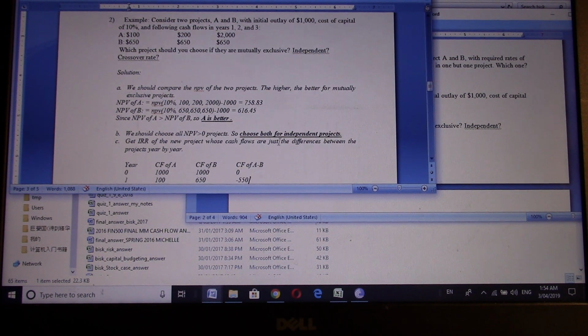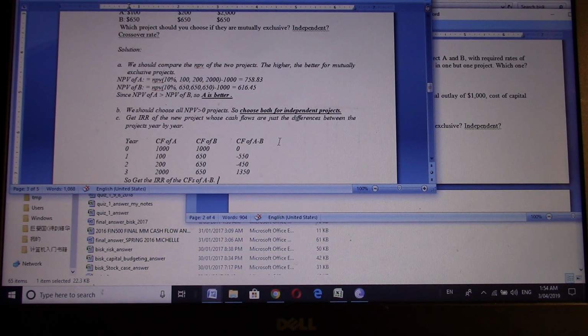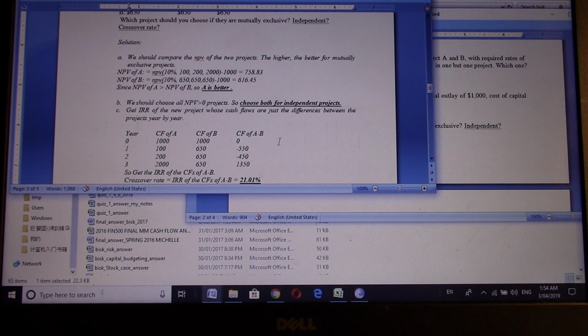Just like I did here, create a table, write down the cash flows for project A and project B, and get the difference of the cash flows of project A and B year by year. And then you try to get the IRR of the new cash flow.